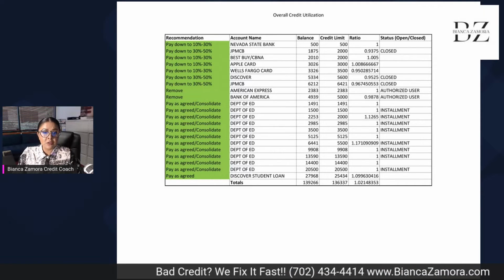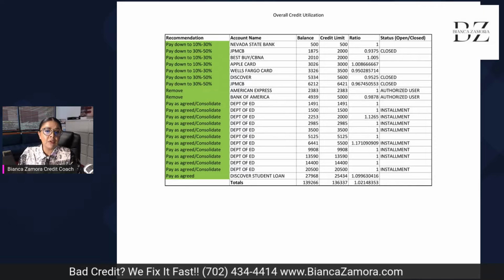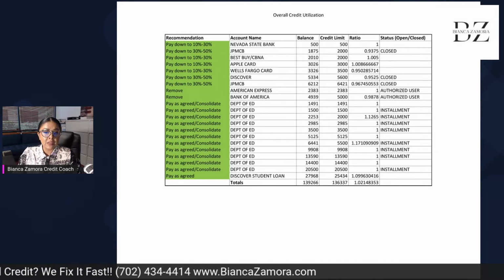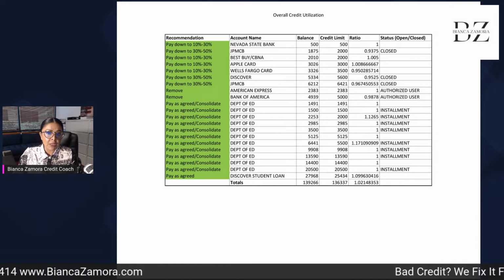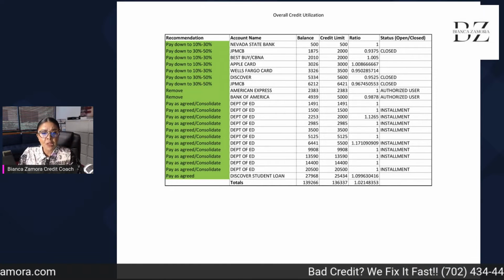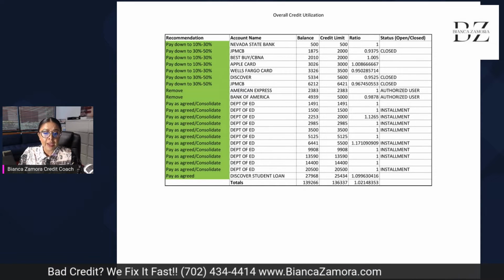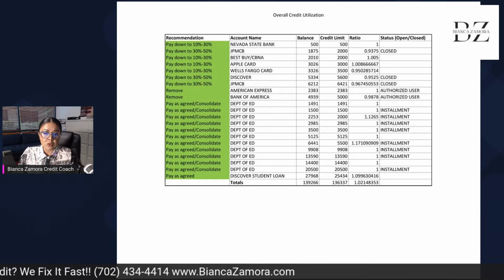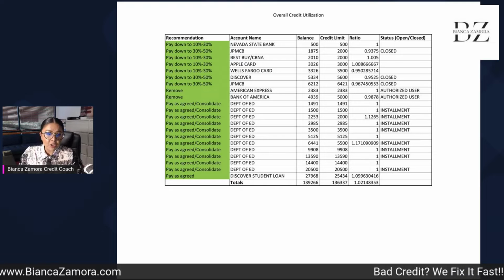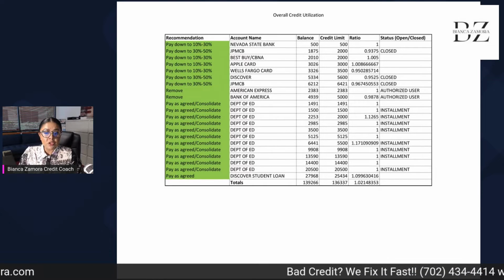On Chase, you would do 1875 divided by 2,000, and that's going to give you 0.93, or really 94% utilization. You just continue going down all of your accounts until you have all the individual usages established. Then you're going to determine your overall.